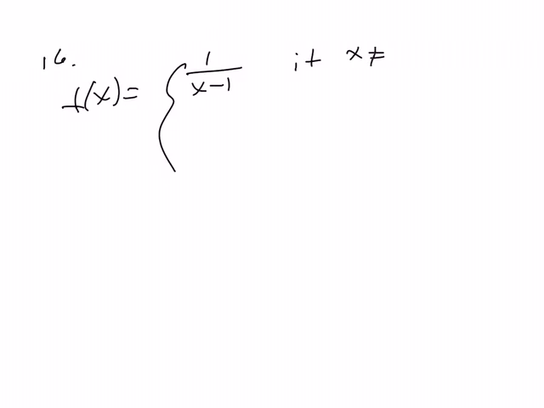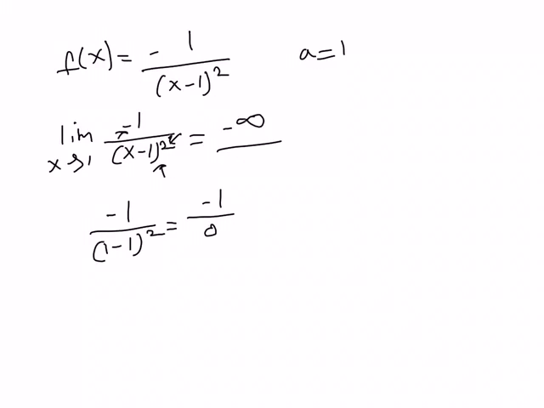Let's look at problem 16. This is on page 106 in the book, in the description. f of x is equal to 1 over (x - 1) if x does not equal 1, and it's going to be equal to 2 if x equals 1.